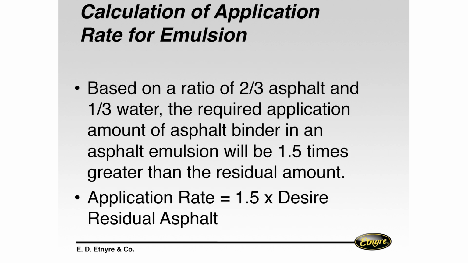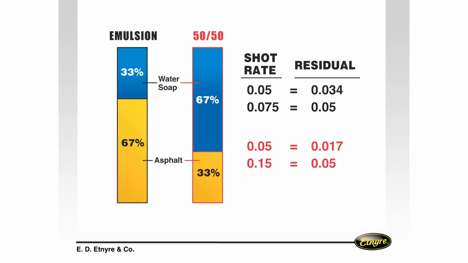So based on everything there, this is a bunch of words that just tells you got 2/3 asphalt and 1/3 water. So if you were shooting a hot applied material in years past, you really have to up your shot rate about 1.5 times to get the same amount of asphalt that's left on the ground after the water evaporates. So here's just a picture of it.